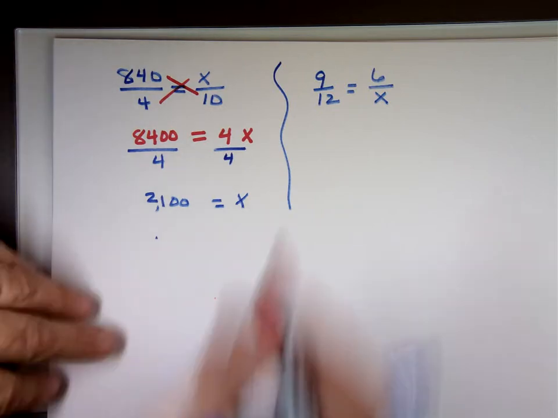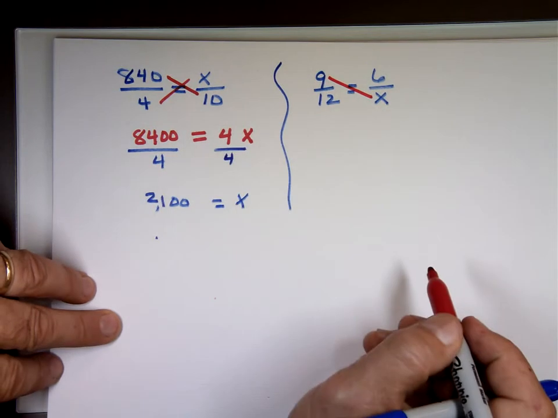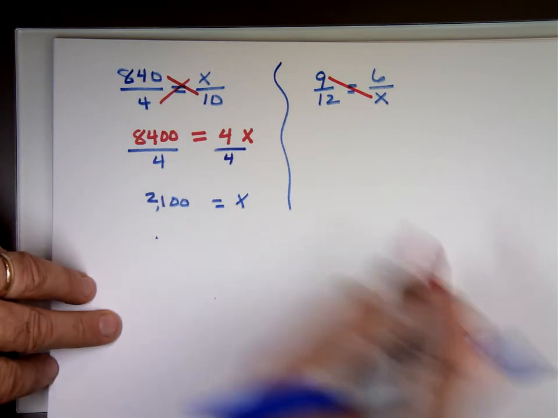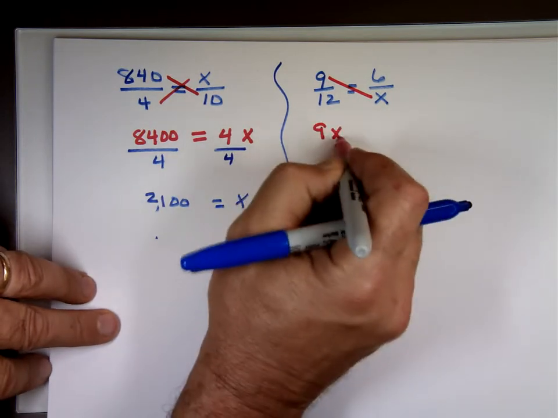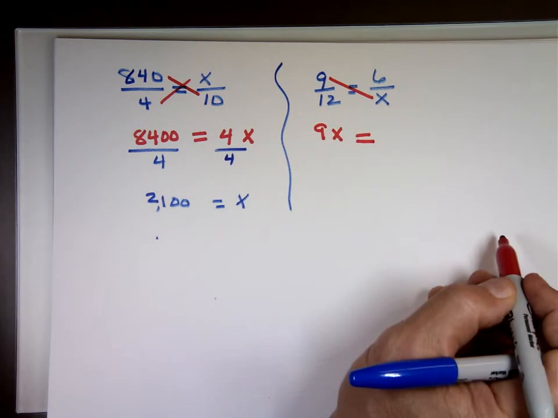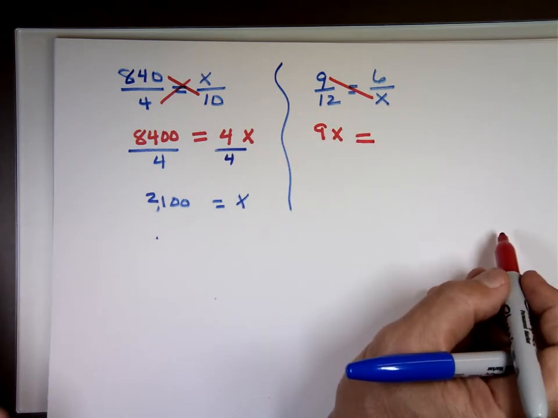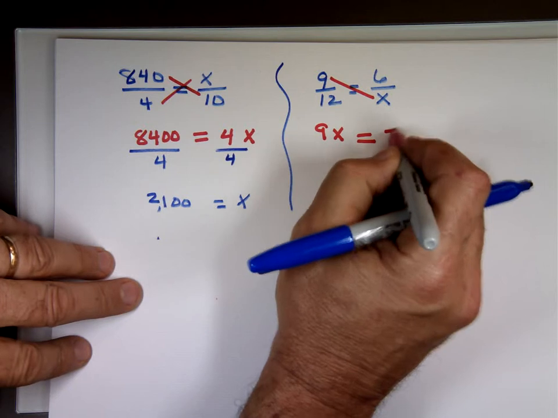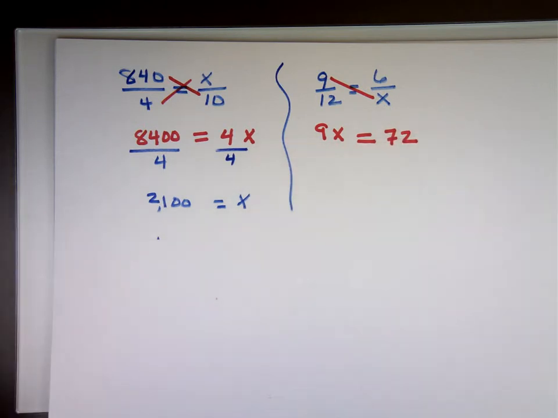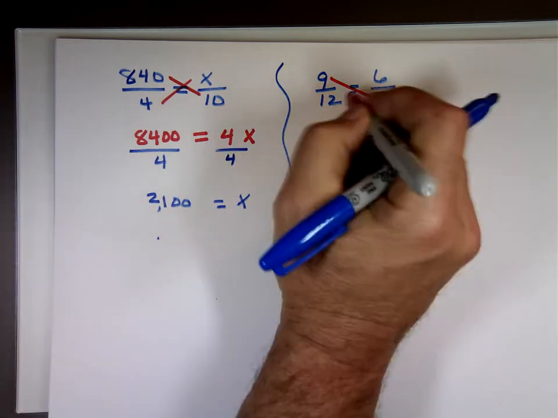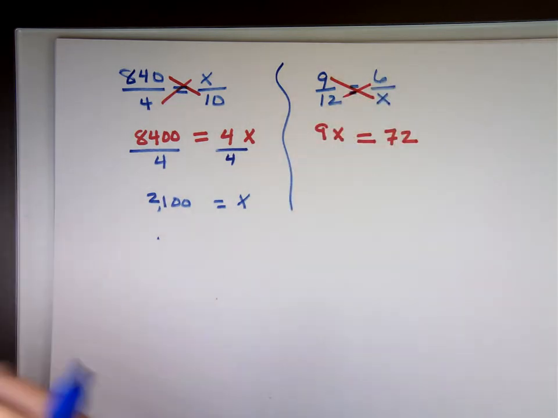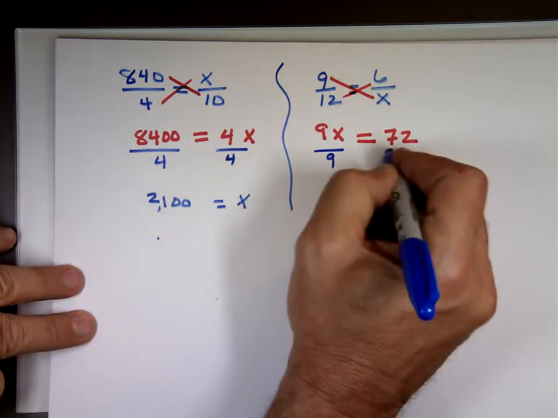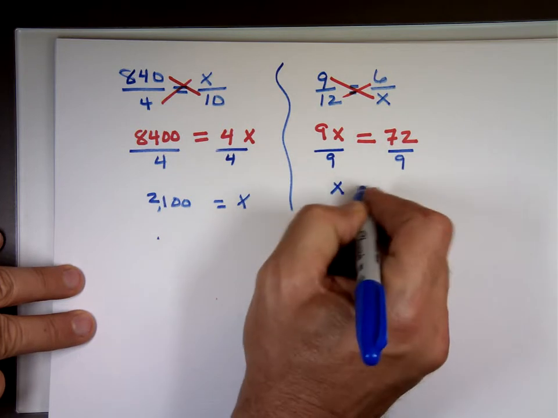Cross multiply. 9x equals 72. And to solve for x, we're going to divide by what? By 9. Try again. 8.